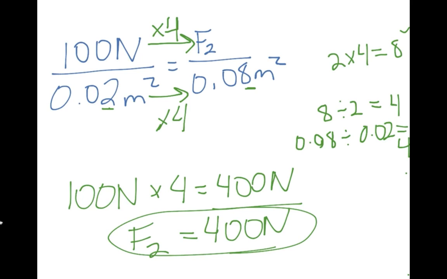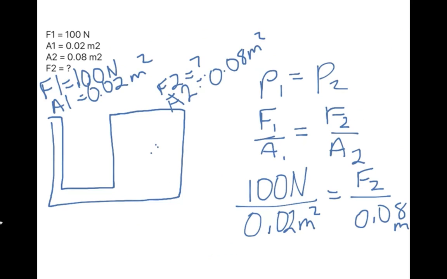All right, let's run through this one more time. So back to the beginning. Because pressure is the same, that is very important. The pressure here equals the pressure here. That is Pascal's law. That is why we measure pressure in pascals. Pascal's law says pressure here is the same as pressure there, which is what I have in this step and this step as well.